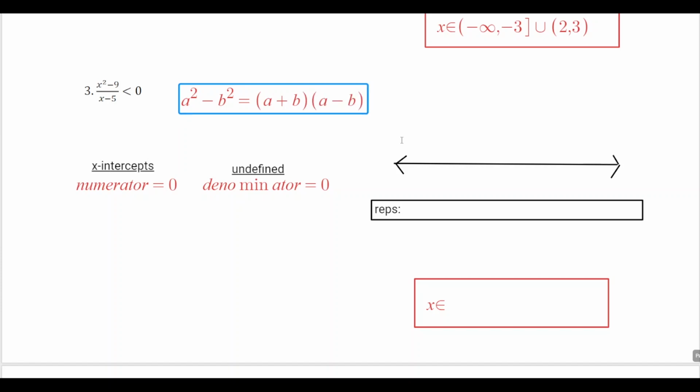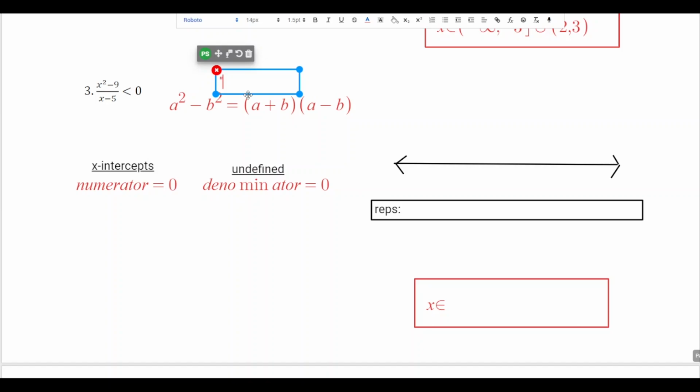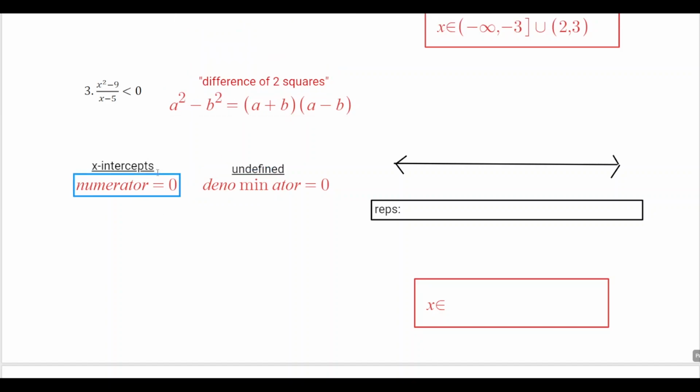So this is just a quick little factoring trick. It's called the difference of 2 squares. The reason it's called that is because, quite literally, it is a difference of 2 squares. You've got 2 squares, and you have a subtraction symbol in the middle, so that's a difference.